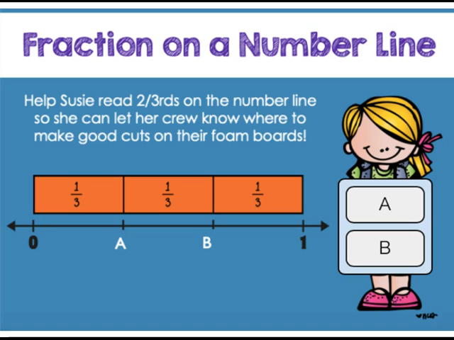All right, if you said B, you were correct because just like we've done before, you have 1, 2, 3 spaces, and you went 1, 2, which would be B. Okay? So that's how your brain needs to be looking at the number line. All right. Good work. It was B.